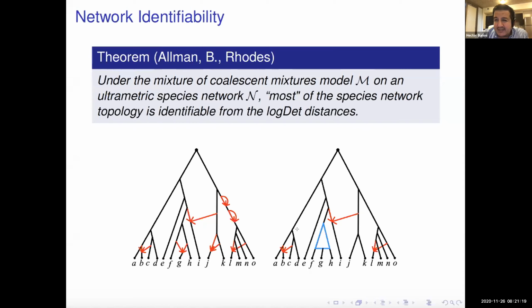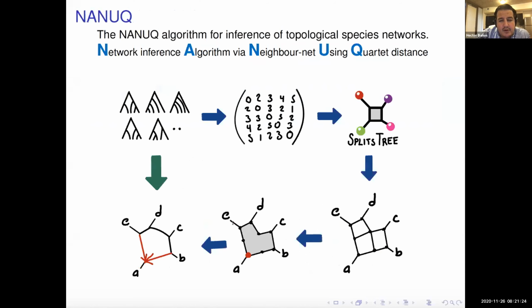Now, in terms of practicality of the method, I'm going to talk about some other algorithm that does not seem to fit here, but I'll explain why a little bit later. So I'm going to talk a little bit about Nanook. The Nanook algorithm is an algorithm to infer a topological species network. It stands for Network Inference Algorithm via NeighborNet using quartet distance.